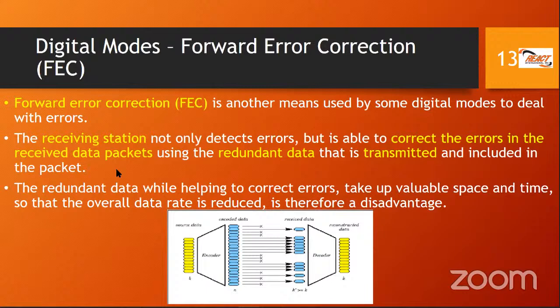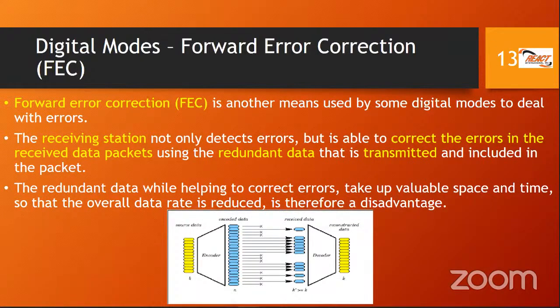So the redundant data, just FYI, while it helps us to correct errors that may occur without retransmitting, note that you're starting with just this bit of information that you're seeing on the screen, but you're actually sending all of this by the time it goes on to the air. So you're sending extra stuff. Therefore, you're taking up valuable space and time.